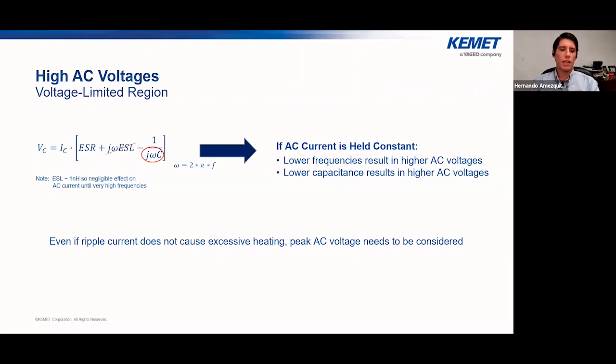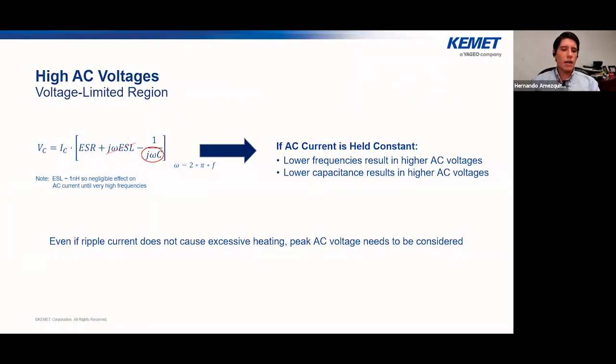This means that if the AC current is held constant and the frequency decreases, or if we have lower frequencies, it will result in higher AC voltage. The same effect can also be observed if we have lower capacitance, right? It will also result in higher AC voltages.